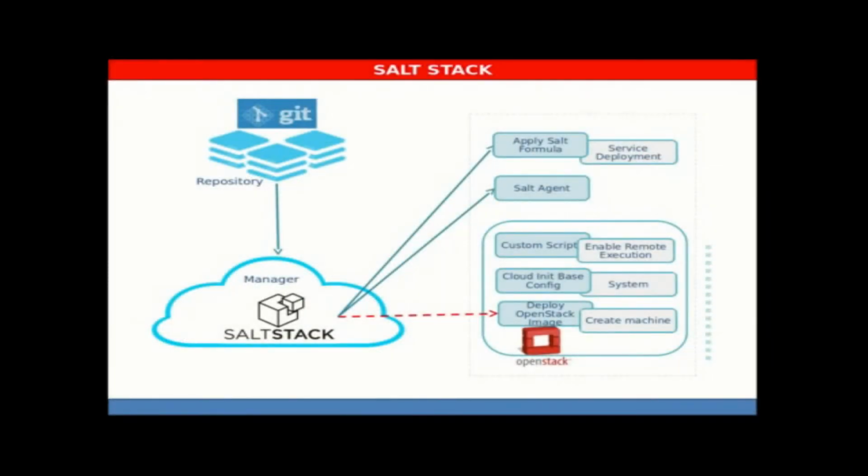As we can see, by virtue of managing these three technologies, OpenStack, saltstack, and cloud-init, we can manage the full stack of our service and our application, from the building of the compute power to the service deployment itself. So it's pretty neat what you can do with this combination.